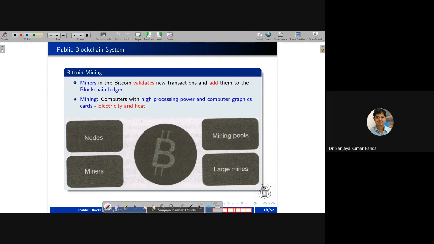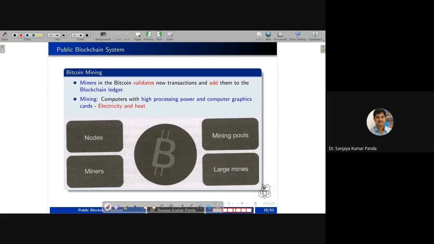Now, the process of mining means once a transaction is proposed, you have to validate it, right? Who is going to validate it? The miner has to validate it. How is the miner going to validate it? The miner has to use the computer's power, that is high processing power.